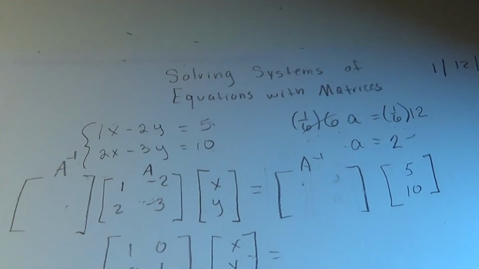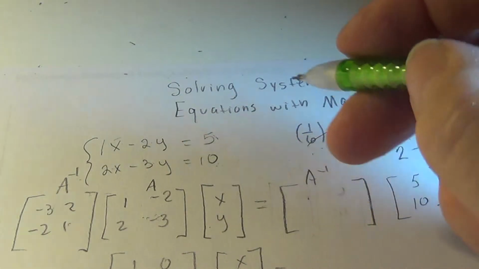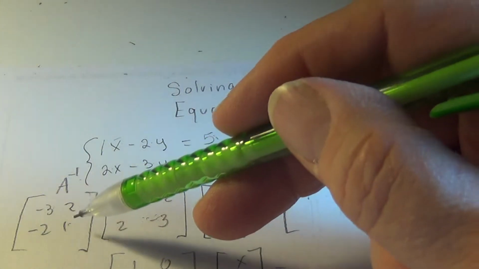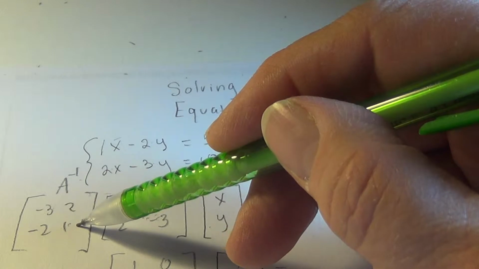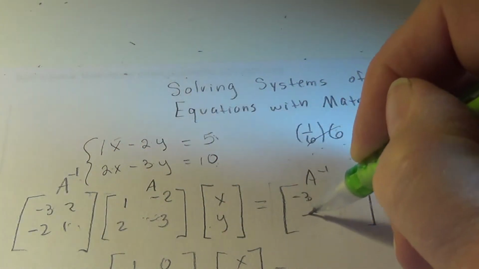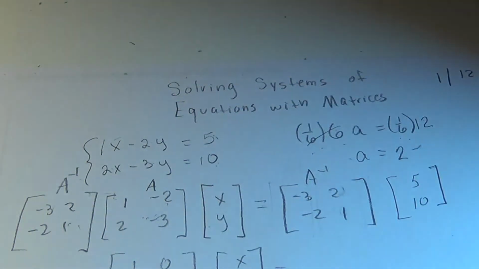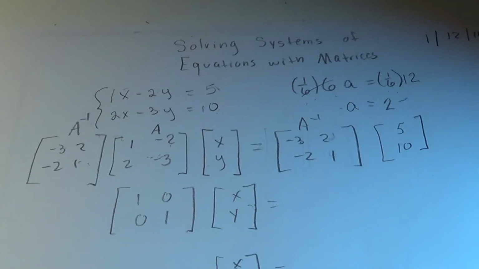During the setup I indicated that I needed the inverse matrix, -3, 2, -2, 1, and it's an equation, so if I multiply this side of the equation by something, I have to do it also on this side. If you check the multiplication out here on the left, you will get the identity matrix.